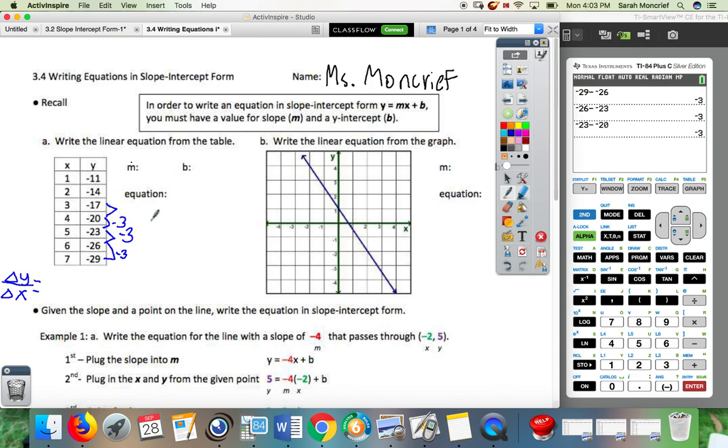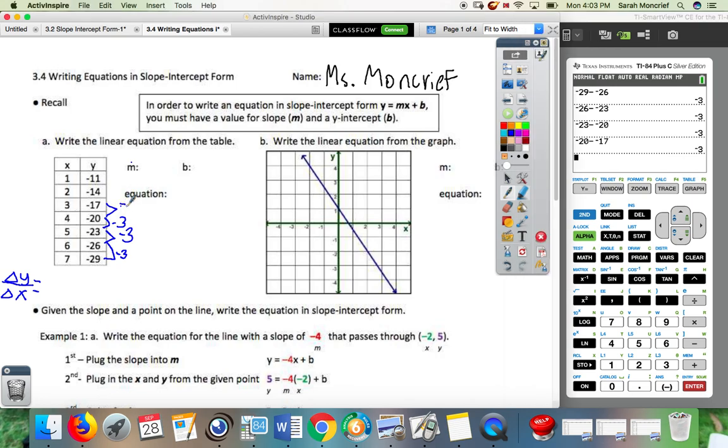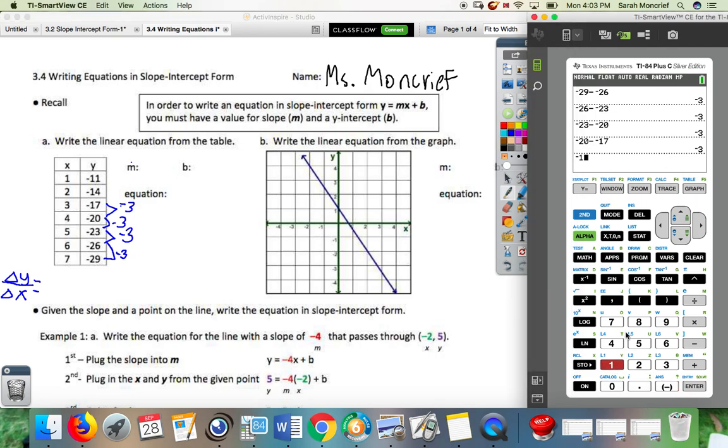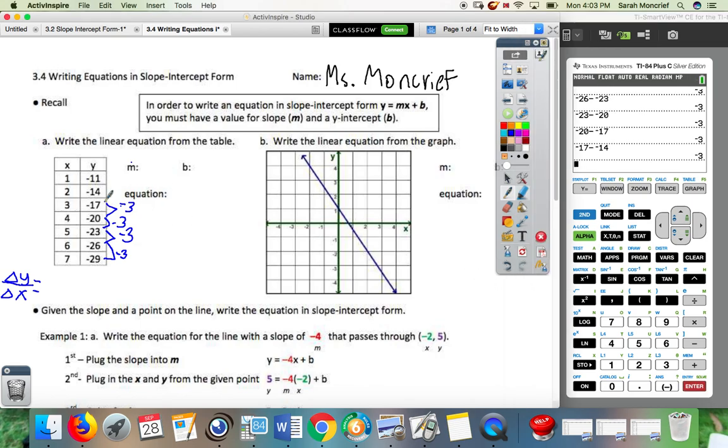Negative 20 minus negative 17 is negative 3 again, negative 17 minus negative 14 is still negative 3, and lastly, negative 14 minus negative 11 is negative 3. Alright, I found my change in y.